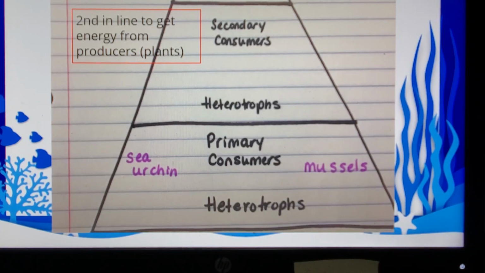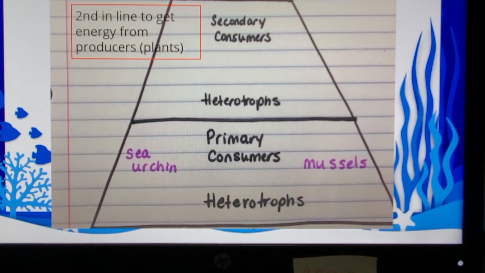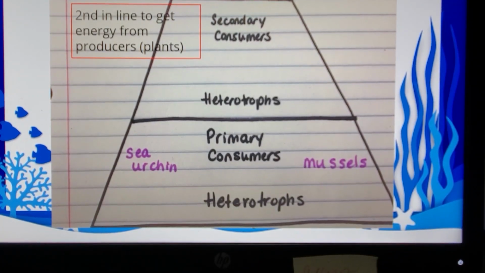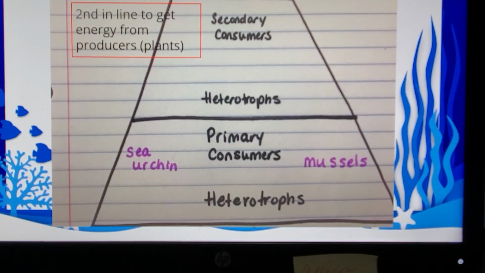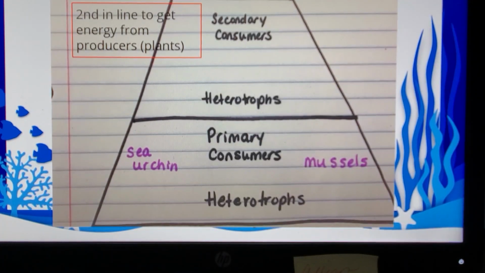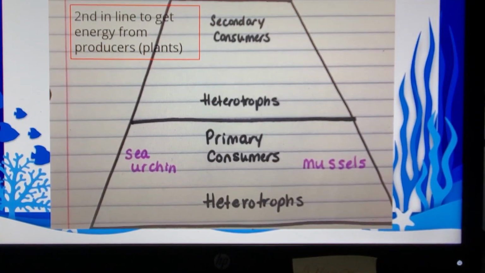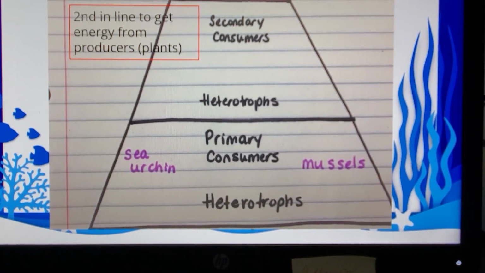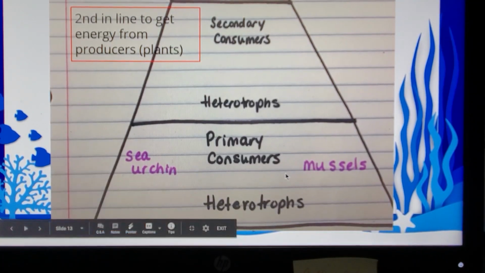Bye bye. Alrighty. So we have our secondary consumers, and they're the ones who are second in line to getting the energy from the plants. So they get it via the primary consumers.